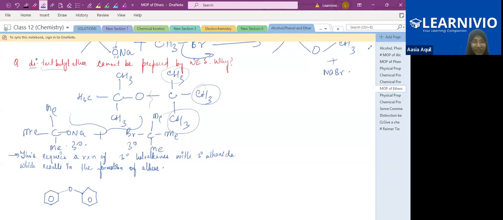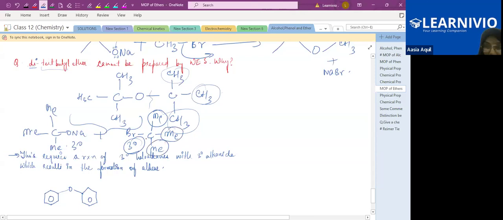And you know very well, which alkyl halide do we prefer? The primary one. In the Williamson ether synthesis we prefer the primary alkyl halide, not the secondary or tertiary. Why not? Due to the bulky group. In the tertiary one, you can see there are 3 methyl groups present on this alpha carbon. It will hinder the chemical reaction.